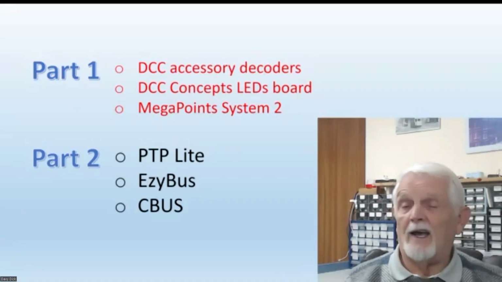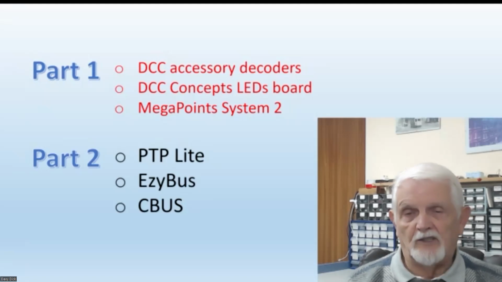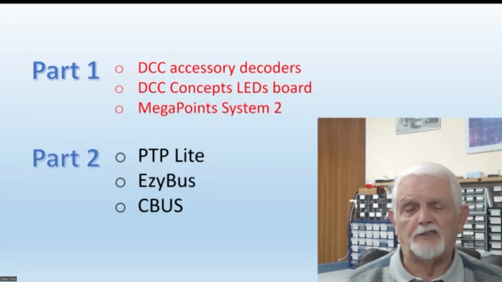There's no one right answer. So they're not competing, they're complementary. Somebody might think that peer-to-peer light is all they need. Somebody might think that C-bus gives them the flexibility they need, or EasyBus sits somewhere in the middle. So we'll look at all of these and contrast them.